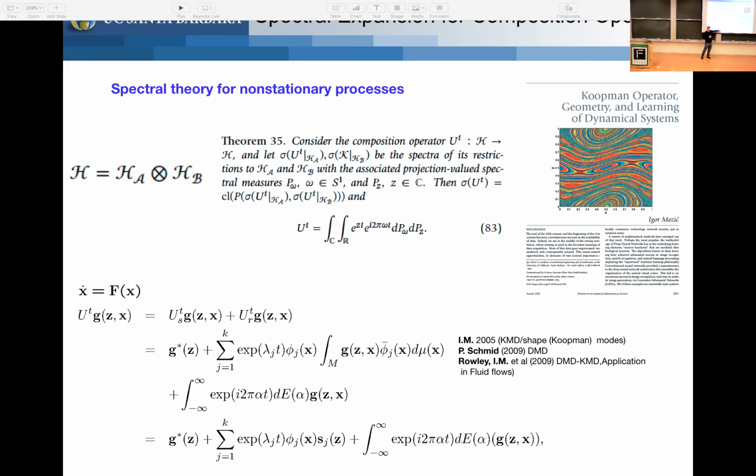This could be on the unit circle if we are in L2, but off the unit circle if we have spaces like HB. So for measure preserving systems, these lambda j's are going to be i omega j's, i being the square root of -1. And then you have this part that is the continuous spectrum.